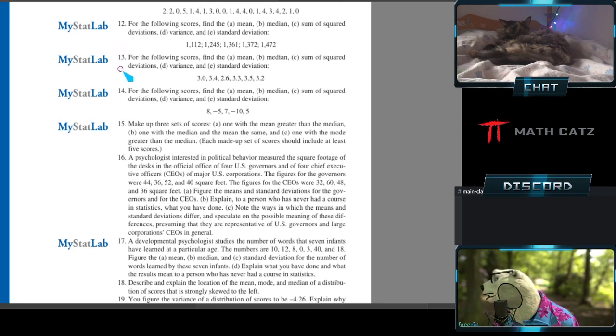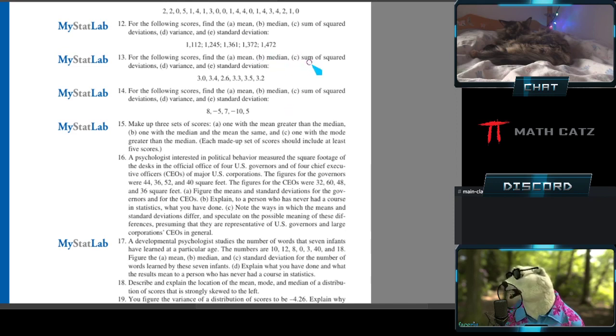So all we're doing right now is looking at an example, number 13, which comes from the Statistics for Psychology book that we mentioned in the introduction video. I get different examples from different books. It's a set of scores, 6 of them, and we want to calculate all the things we talked about last time.